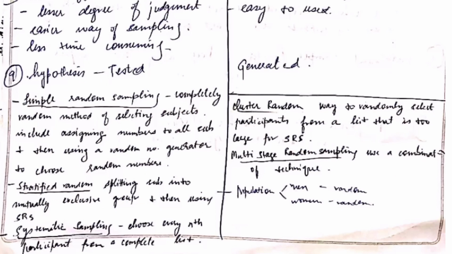I've written various techniques that can be used in probability and non-probability sampling. You can use any 2 to 3 of them and write them. For probability in detail, you can go to the previous video. The link is in the description box. Some important techniques of non-probability sampling are convenience sampling, snowball sampling, and judgment or purposive sampling.